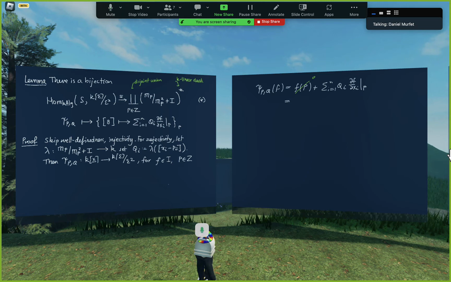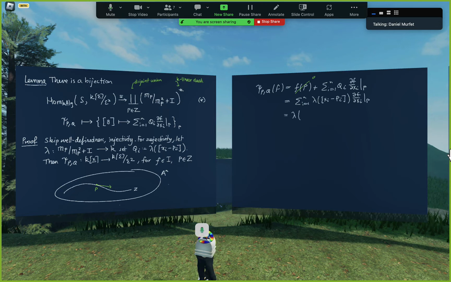So remember, we're talking about some subvarieties sitting inside an. And we're trying to discuss points and tangent vectors. So f vanishes on z, and p is in z. So that's 0. And now let me substitute what qi is. So qi is, by definition, this. That last thing I just wrote is just a scalar, so I can take it inside the lambda, which is, after all, linear.